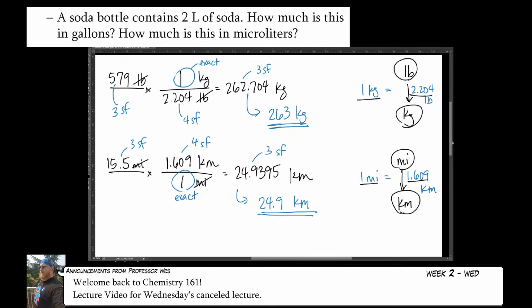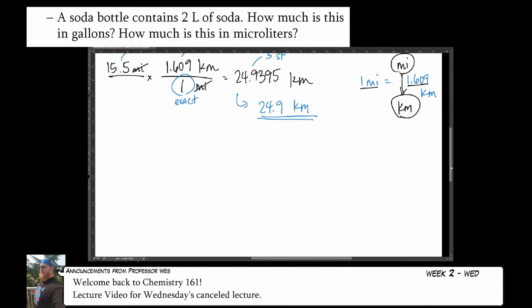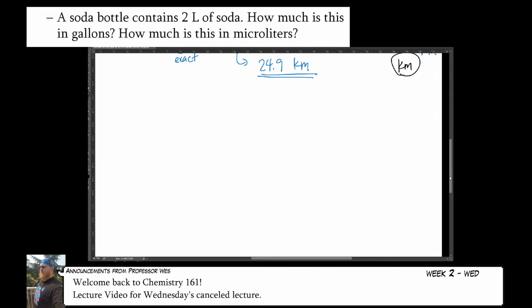Here's a more involved conversion. I have a 2-liter bottle of soda. Yeah, that's just 1 sig fig. How do you think they get you with just 1 sig fig? Your soda could have anywhere between 1.6 and 2.4 liters of soda. 1.5, actually, because it rounds to 2.